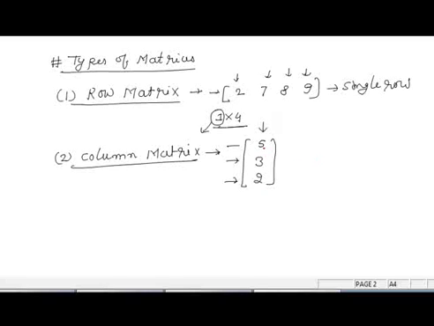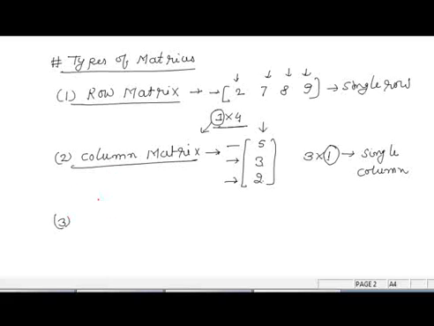This matrix has 3 rows and one column, so the order of the matrix is 3 by 1. And since it contains a single column, that's how it is called the column matrix.